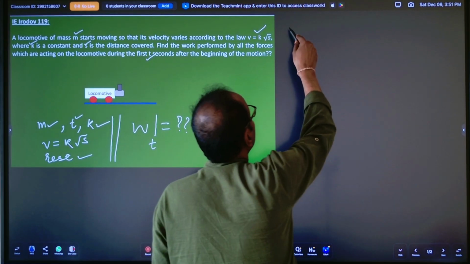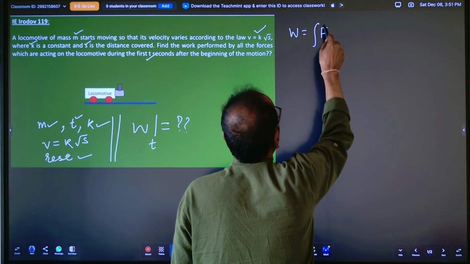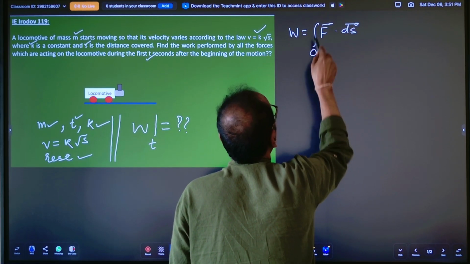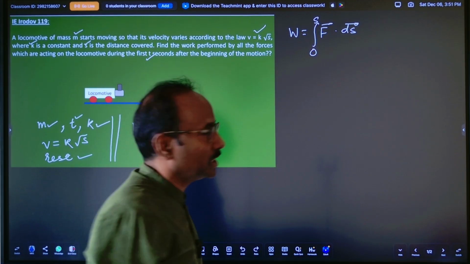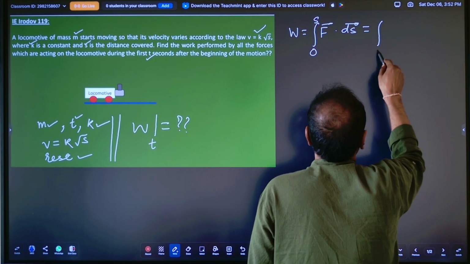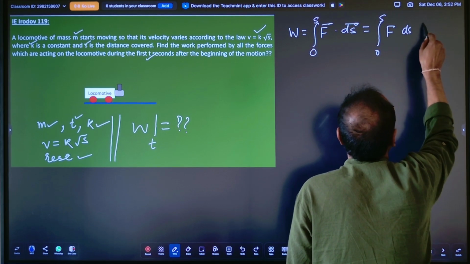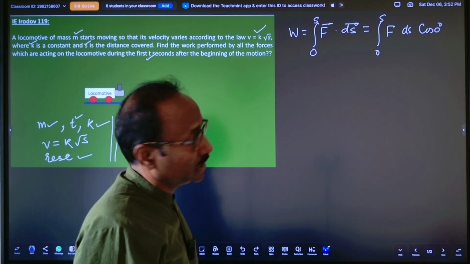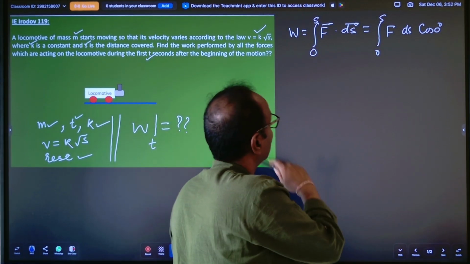So how do you write the work done? By this equation, which further we can write as the integral of f ds cos 0 degree, because the displacement will be in the direction of the force since it is starting from rest.